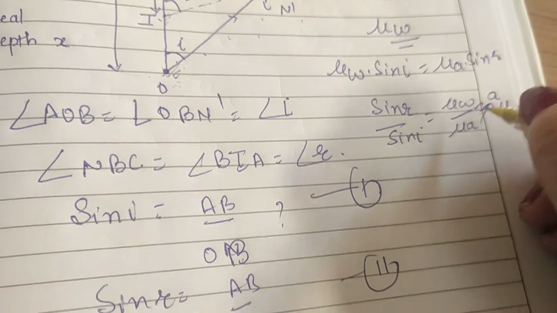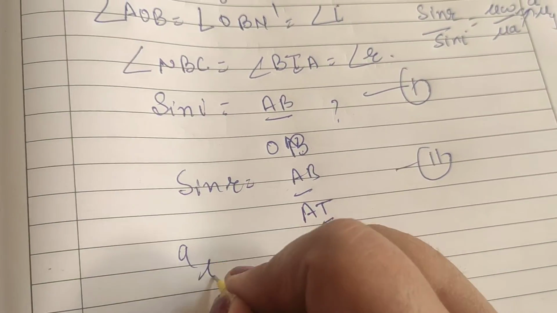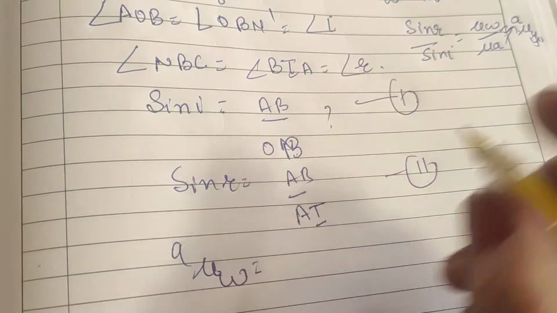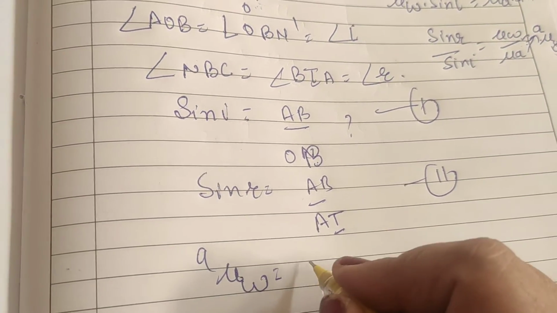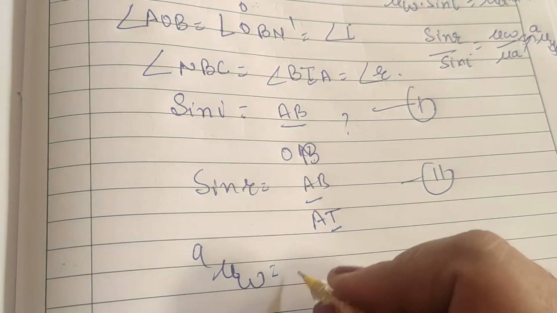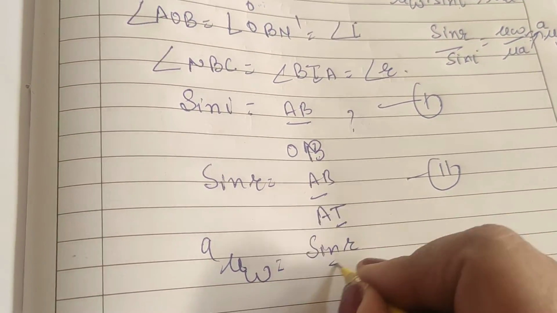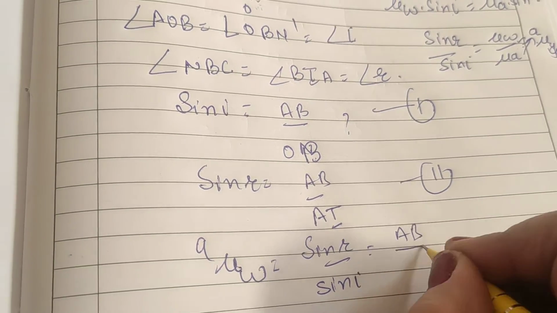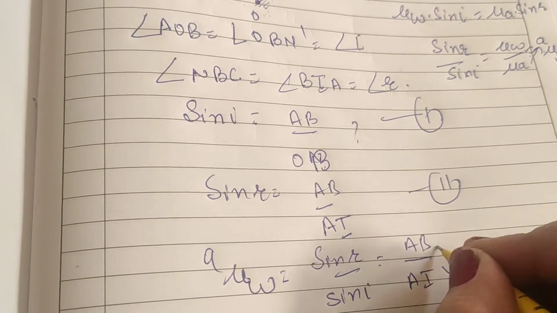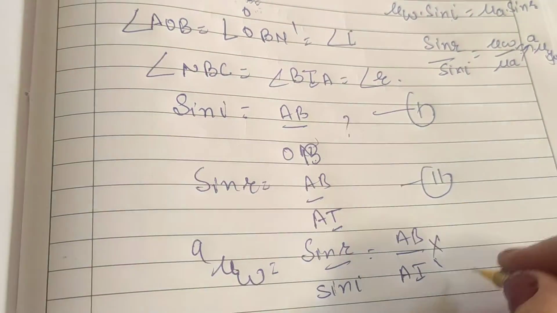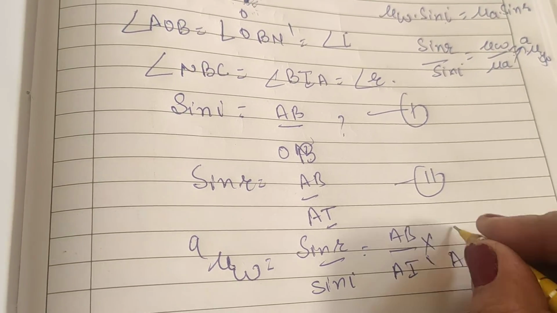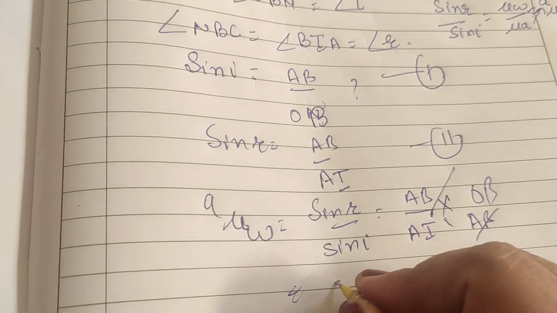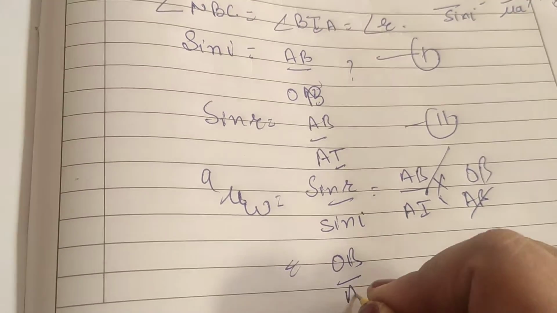So we can write A mu W, for water, is equal to sine R by sine I. Now what is sine R? This is AB by AI, into OB by AB. AB and AB cancel out, so we have OB by AI.